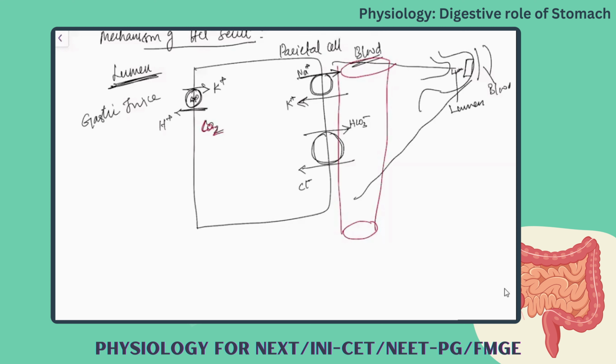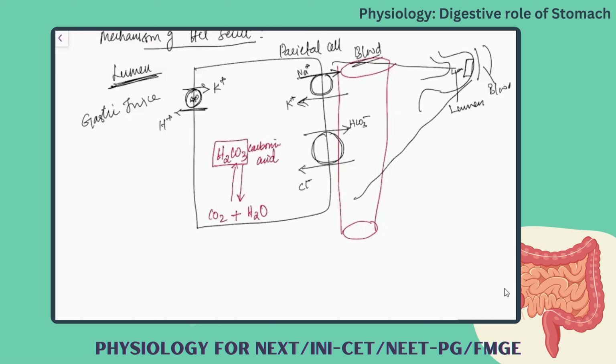This carbon dioxide is going to join with the water molecule present in the cell, and it will give a reversible form of a molecule called H2CO3. What is this? Carbonic acid.